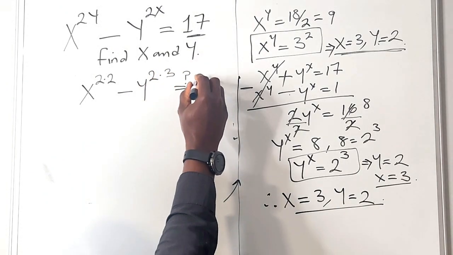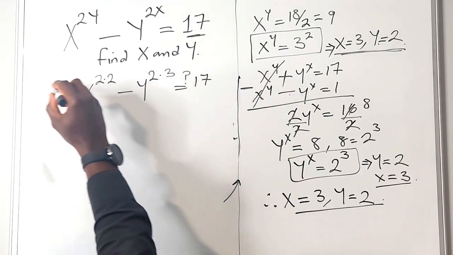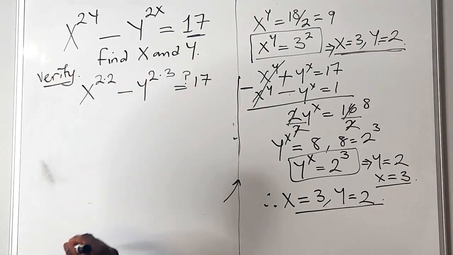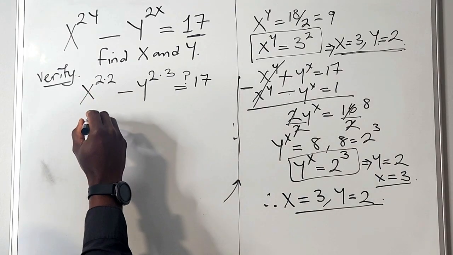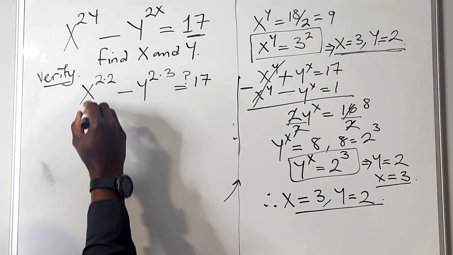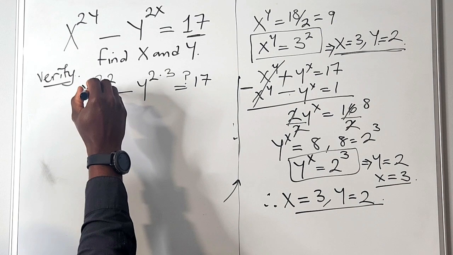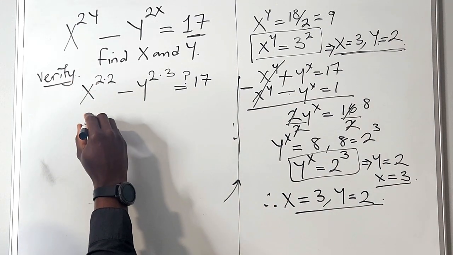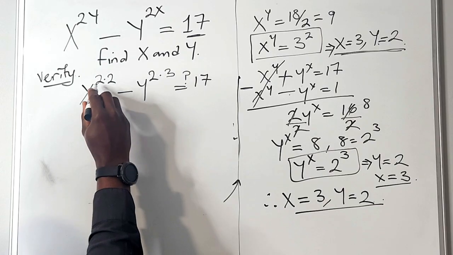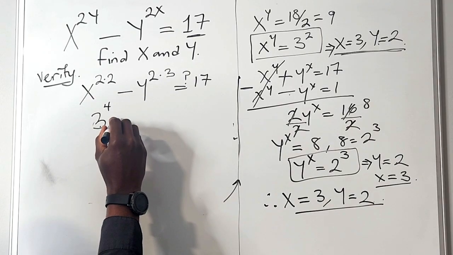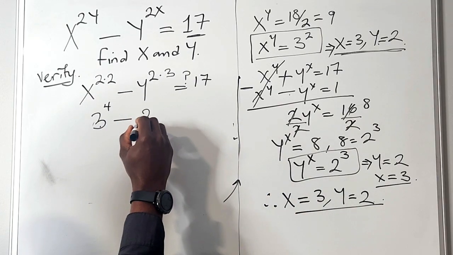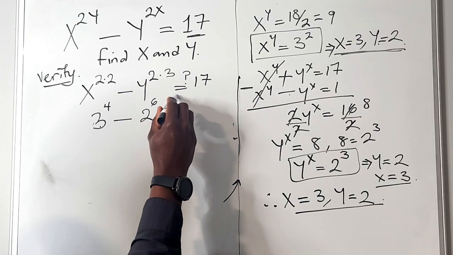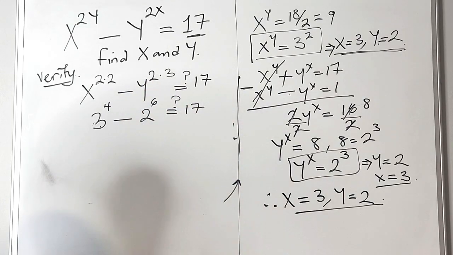Is this equal to 17? Now we're trying to verify. 2 times 2 is 4. So we have x raised to power, the x is 3 as well. So we have 3 raised to power 2 times 2 is 4. And our y is 2. 2 times 3 is 6. So is this equal to 17?